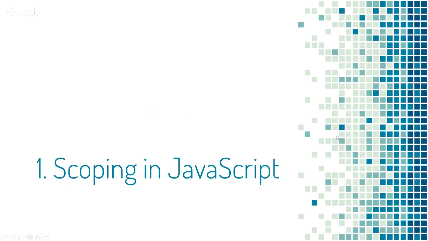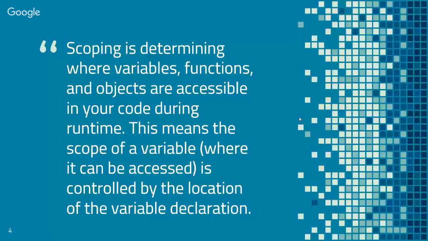Firstly, let's explain what scope or scoping in JavaScript means. Let's first take a look at a definition. According to the definition, scoping is determining where variables, functions, and objects are accessible in your code during runtime.